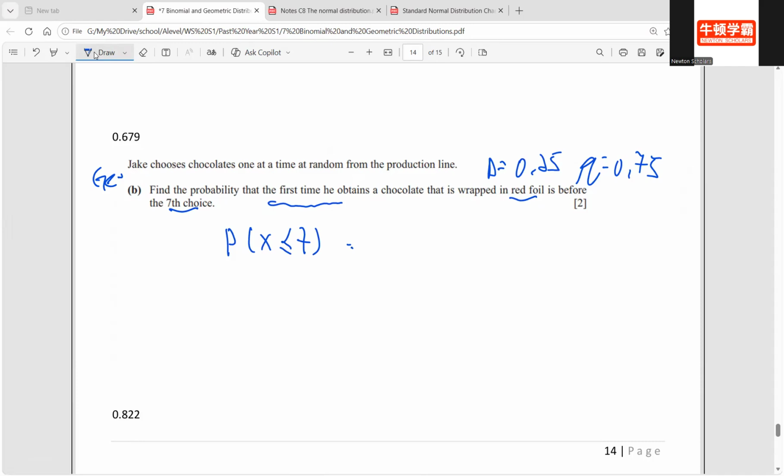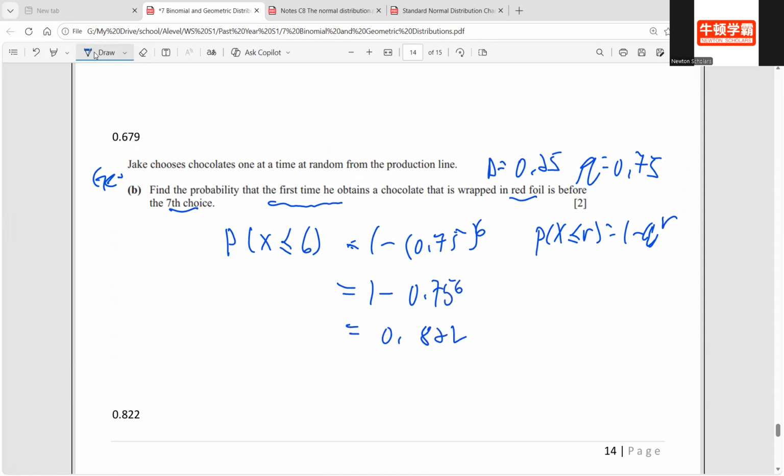I'm using 6 actually. This one is before 7, so that means it's 6. So 1 minus Q, which is 0.75, to the power R, where R is 6. I'm using this formula: P(X less than or equal to R) equals 1 minus Q to the power R. You press the calculator, and you get 0.822.